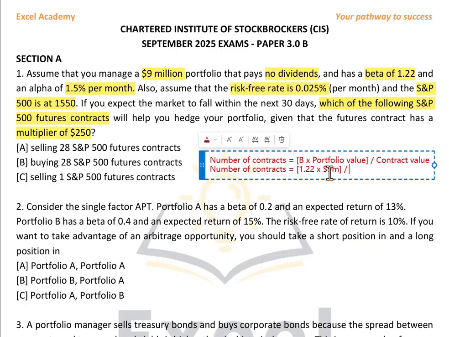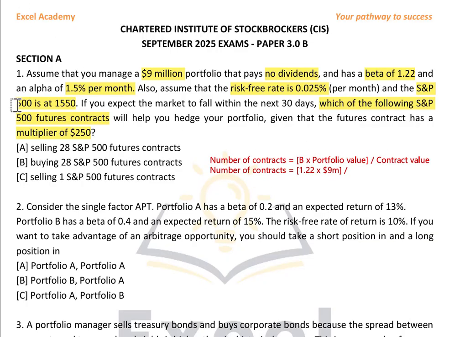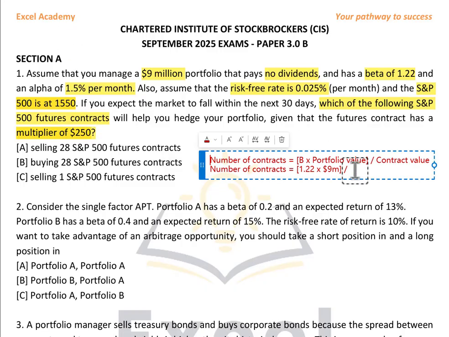To get the contract value, we have the price for each S&P 500 as 1,550 and the multiplier is 250. So the contract value is 1,550 multiplied by 250.